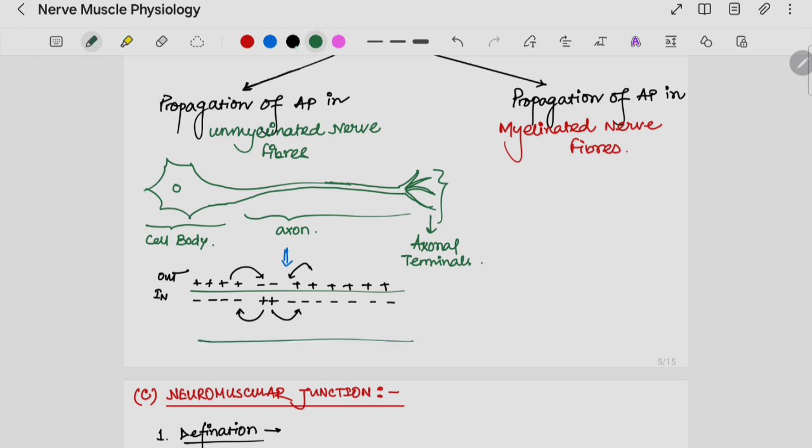Now the scenario is like this. So now the charge is propagating like this in the linear way, in the continuous manner.